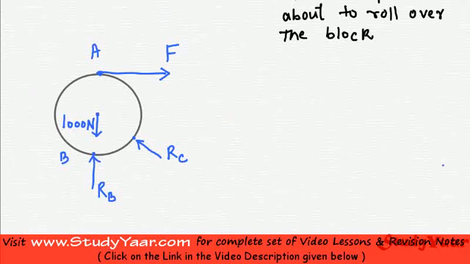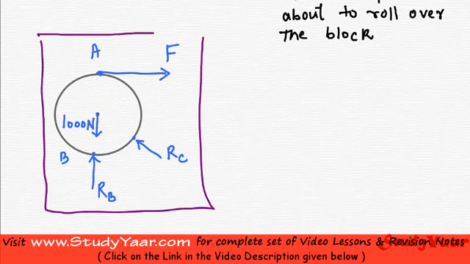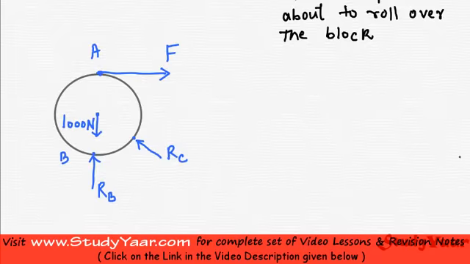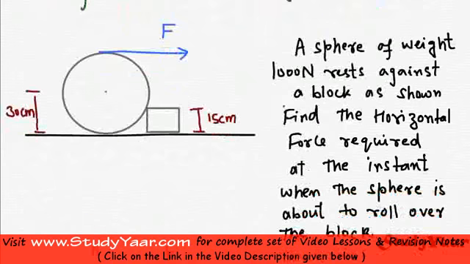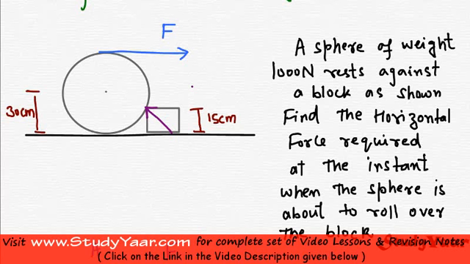So just analyze this sphere. If you analyze this sphere, you are going to get an FBD something like this. Let us see what is happening. We have a reaction due to this particular block; we do not know the direction. We have a reaction due to this surface. We have the weight of the sphere acting downwards, and we have the force which we have to find out.